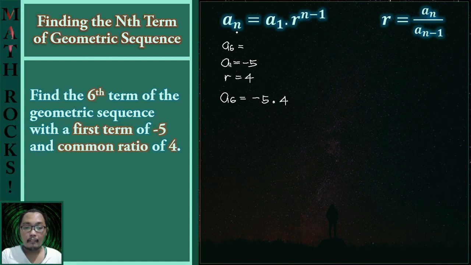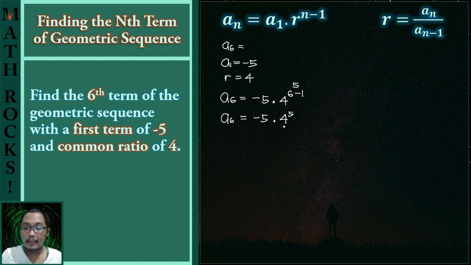Since we have changed n to 6, this exponent n also changes to 6. To simplify the resulting equation, we first manipulate this exponential expression, for which the exponent gives us 6 minus 1. Easily, we will have an answer of 5.